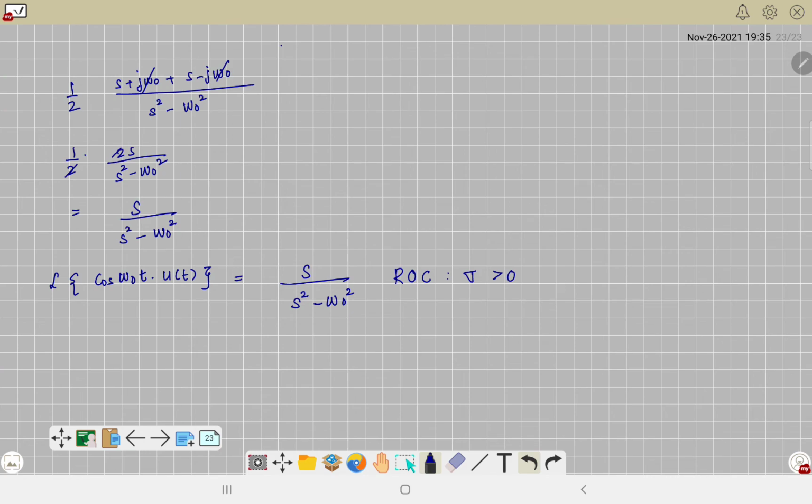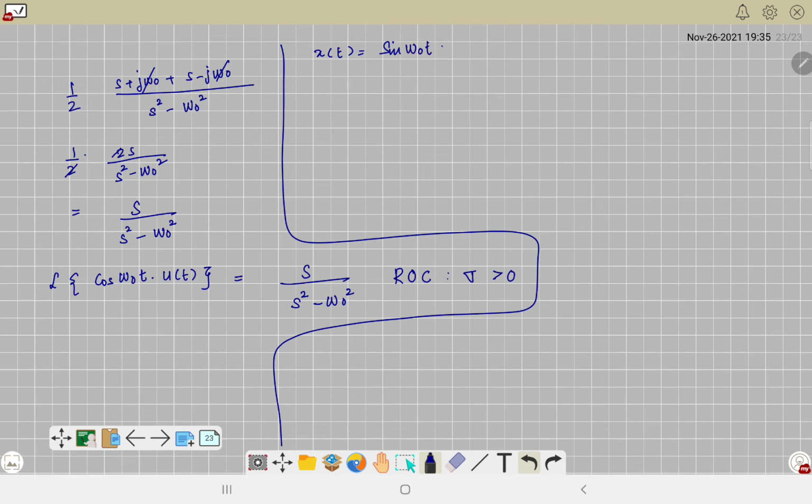Similarly, you can find it for a sine function. So if I have x of t as sine omega naught t u of t, again we know from Euler's relation that sine omega naught t is equivalent to 1 by 2j e raised power j omega naught t minus e raised power minus j omega naught t.